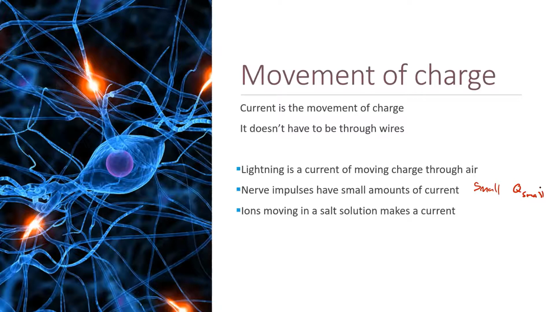Whereas lightning is going to be very, very large, because we're going to have a large amount of charge moving in a very, very short time. Ultimately, lightning can be done in a matter of seconds. So when we talk about current, we're talking about how much charge is moving, and how quickly it's moving.